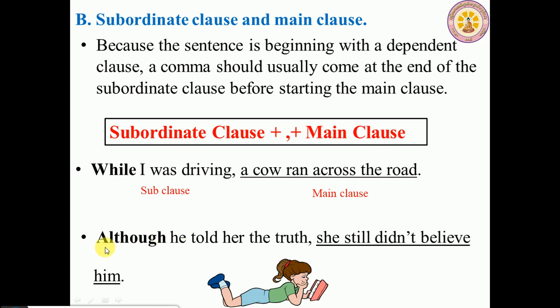One more example: although he told her the truth, she still didn't believe him. Although he told her the truth is the subclause, and she still didn't believe him is the main clause. We place the subclause first and the main clause later, and we use a comma to connect the two clauses together.